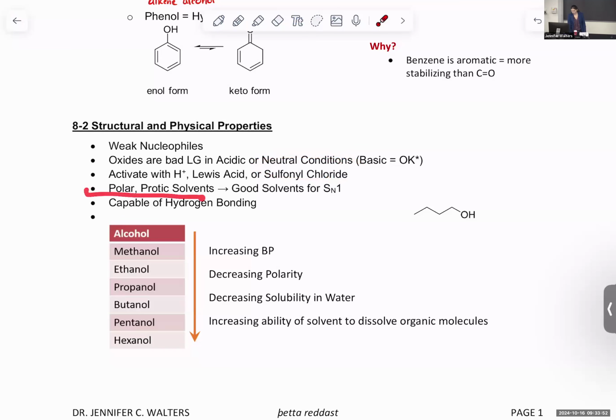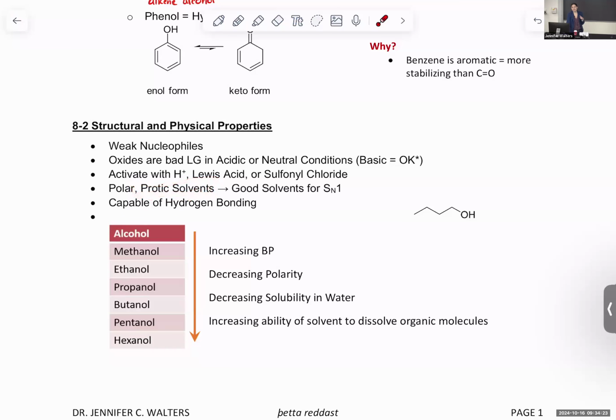Our alcohols are also those polar protic solvents. We need to pay attention to the fact that they can be both a solvent and a nucleophile and a base and an acid, and not usually an electrophile. They're weak everything, and that's why they can be used as solvents: they're not a great base, not a great acid, and not a great nucleophile, but they can be.